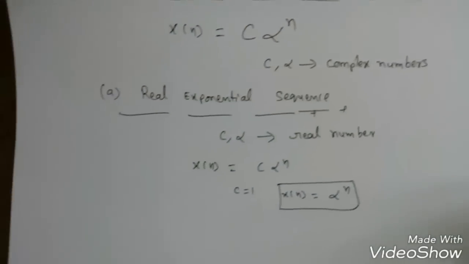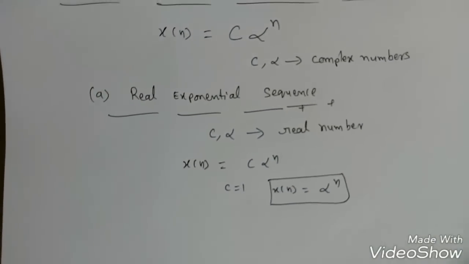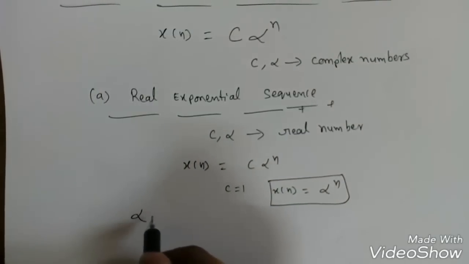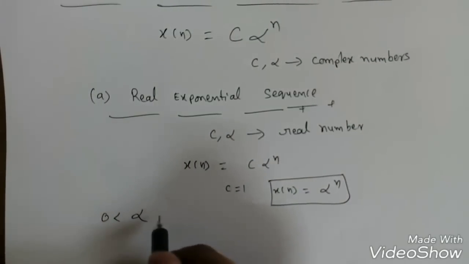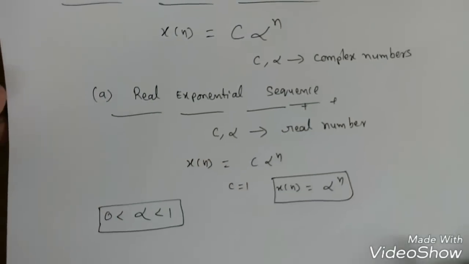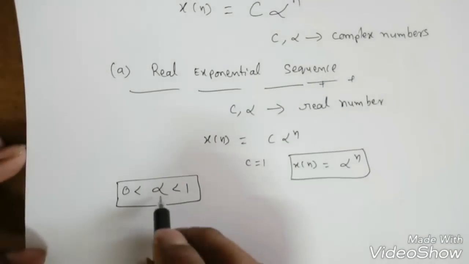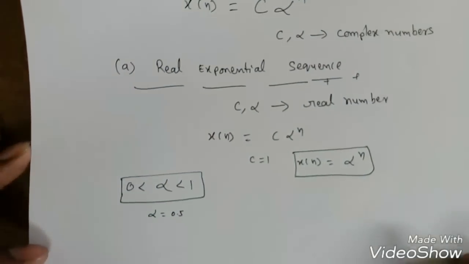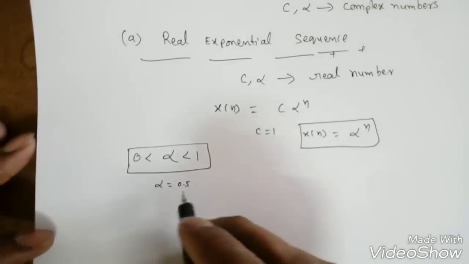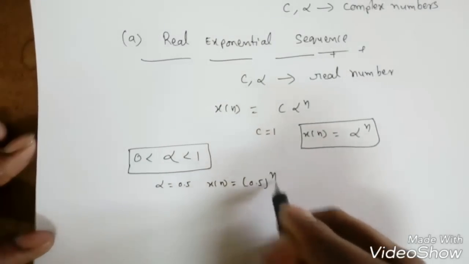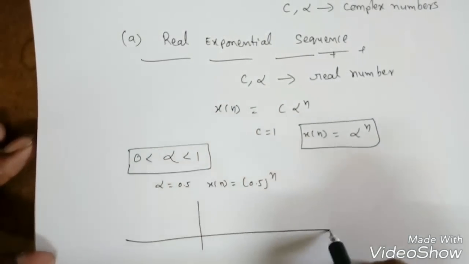Now depending on the alpha value, we will have different types of sequences. Suppose alpha is between 0 and 1. What sequence will we get? Let me take alpha as 0.5. So x of n is equal to 0.5 power n. Now what is the sequence we will get?